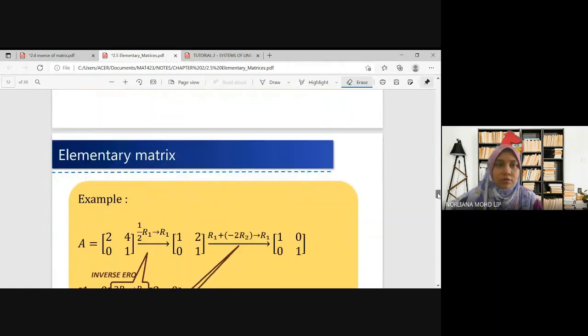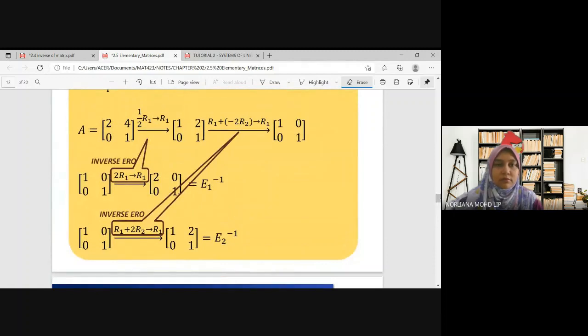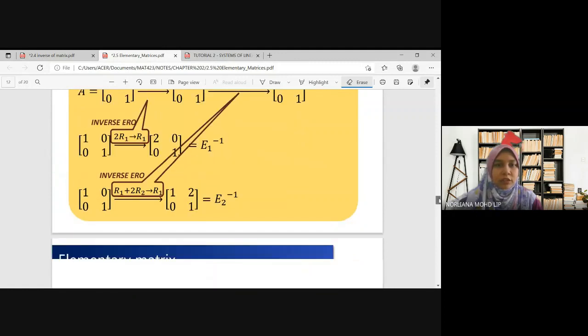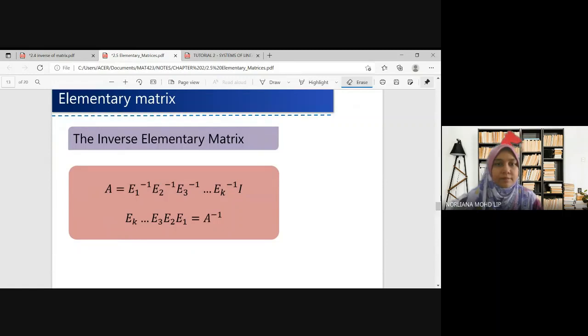Okay, ni contoh. Sekejap. Ni ada teorem lagi satu. Tadi ada teorem E times A is equal to B. Yang kedua, contoh EK, saya terus guna nombor dia je.